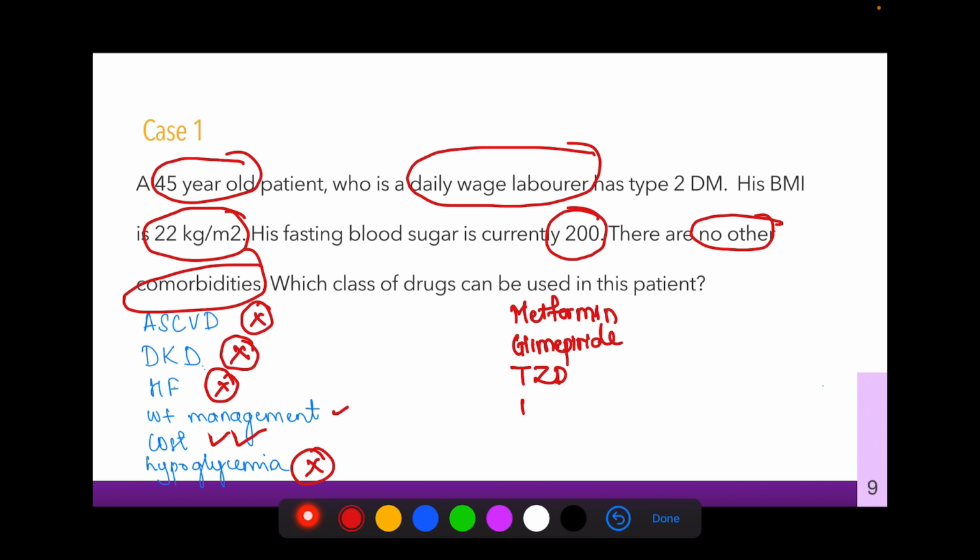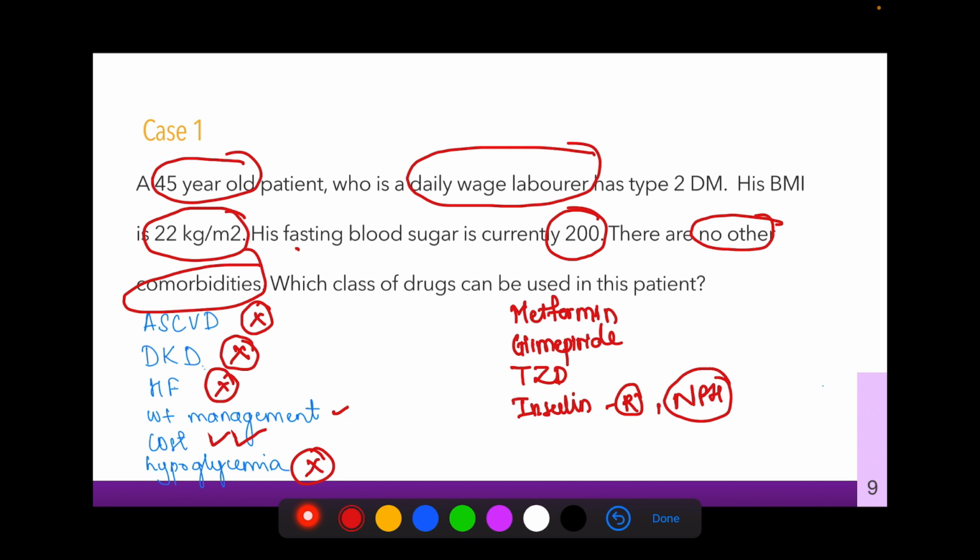Then if it's not getting controlled, I can use insulin, mainly regular and NPH insulin, because they are cheap. And SGLT2, no. They are slightly costly. I don't think this patient will afford them. So I will start with metformin.